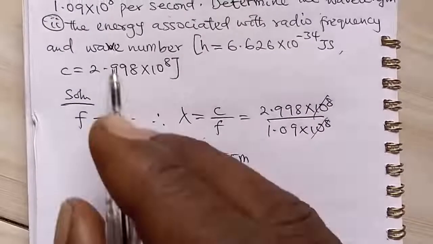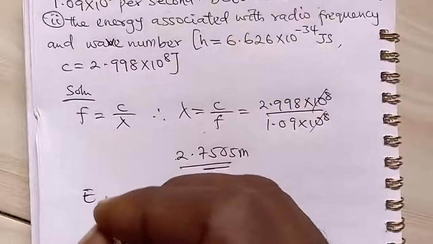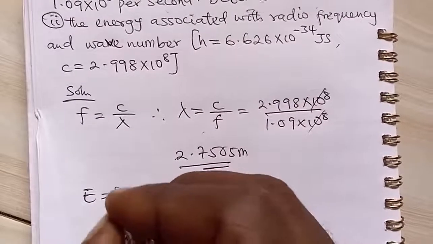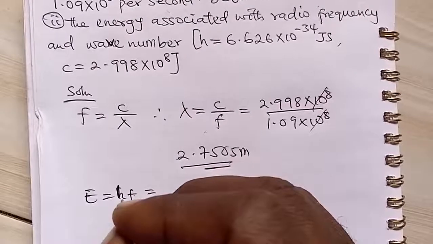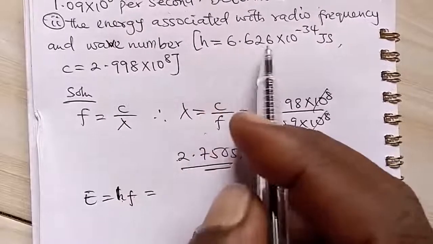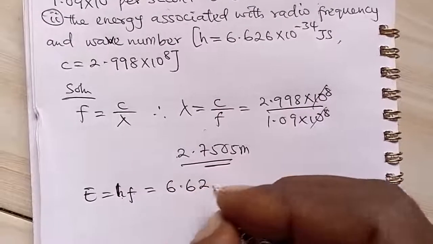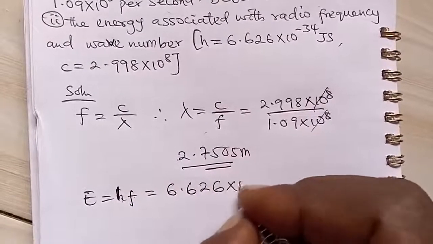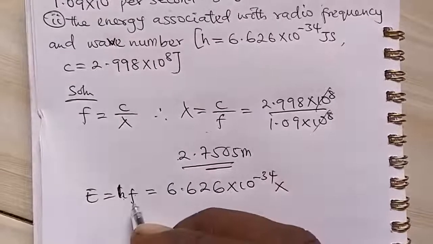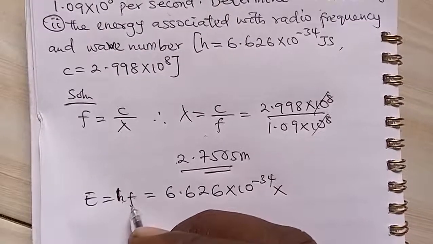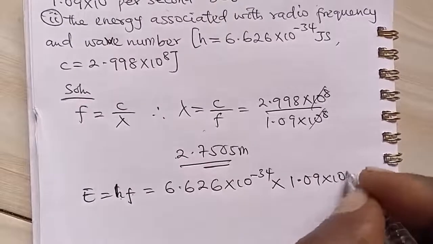The next one is the energy that is associated. We have a relationship that E is equal to hf, Planck constant times frequency. The Planck constant given to us is 6.626 times 10 raised to power minus 34 times the frequency that we want to use, which is 1.09 times 10 raised to power 8.